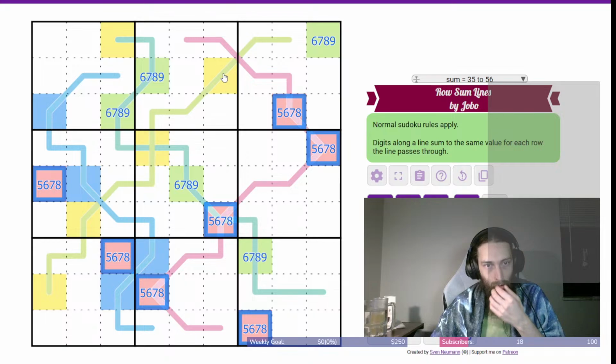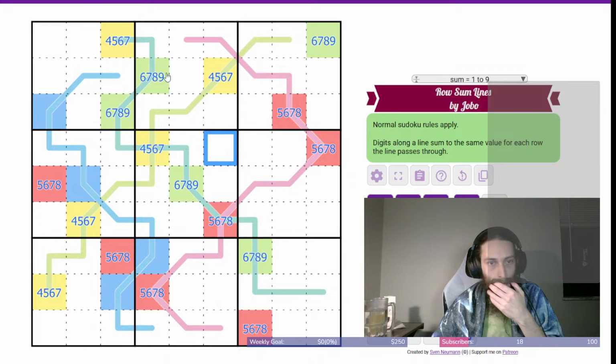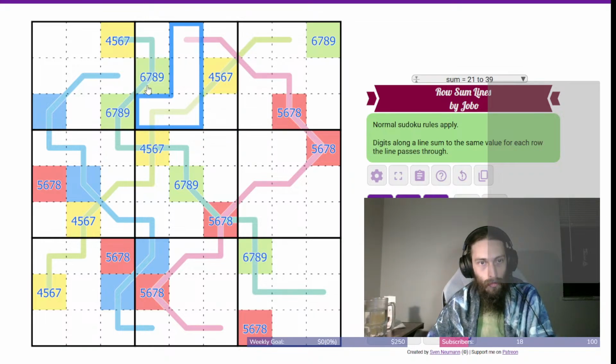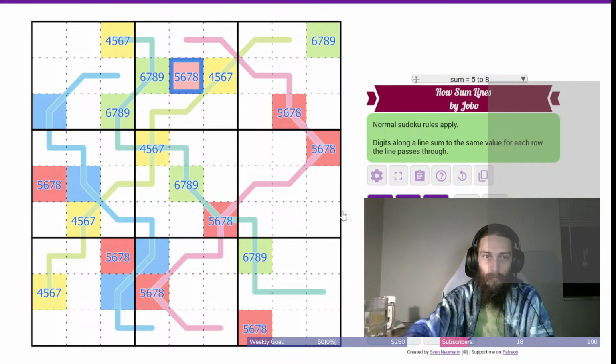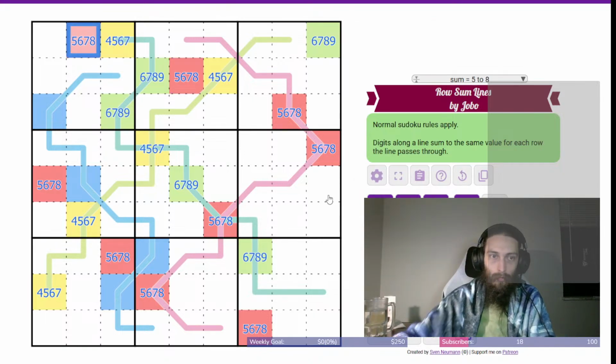Oh, well, you can place red in box 2. There, not on yellow, and it can't also be on the red line. Just going to place it in box 1.